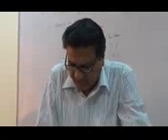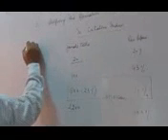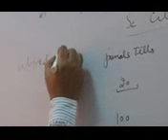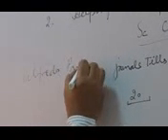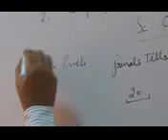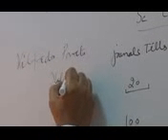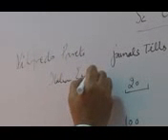His name was Wilfredo Pareto. He was an Italian economist. The law he gave is Pareto.